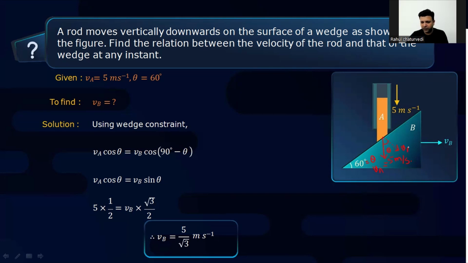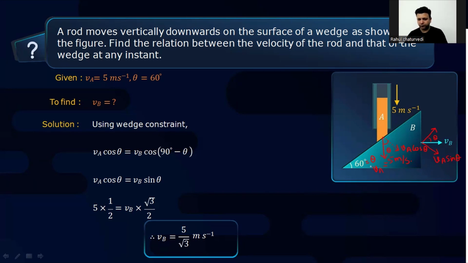So this will be VA cos theta, right? And for VB, it has one component along the direction of the inclined plane, and this angle will again be theta, and perpendicular to it, this will be VB sin theta.